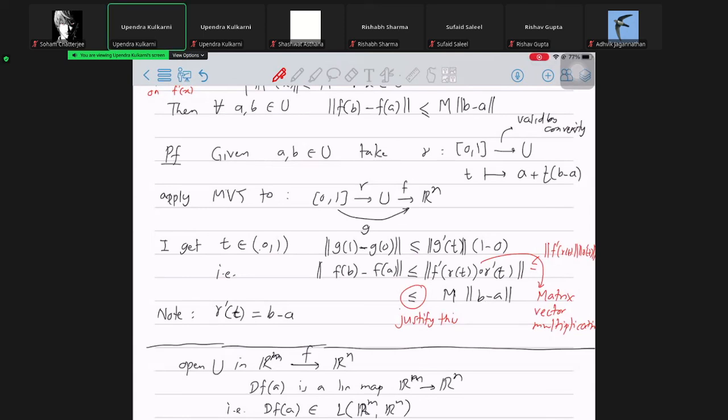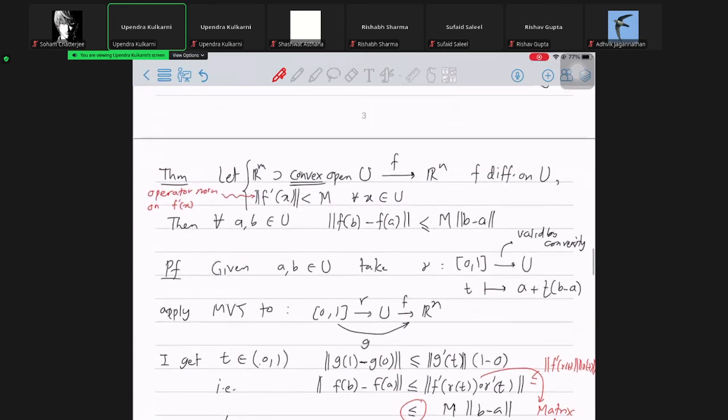But now be careful, because it is the dot product of every row of F prime of gamma of t with gamma prime of t. Because F prime of gamma of t is a matrix, remember? F is a function from U to Rn. Oh, okay. Right? Yeah, okay, sir.